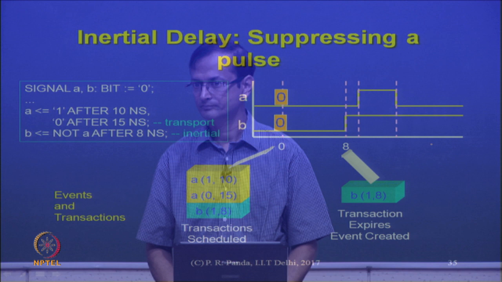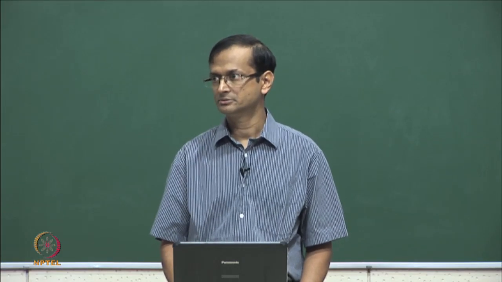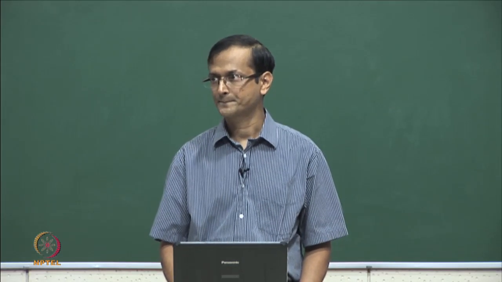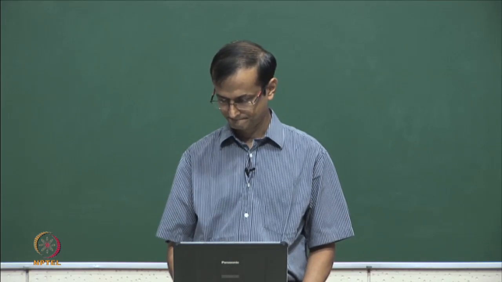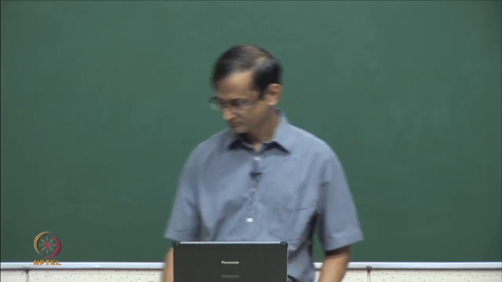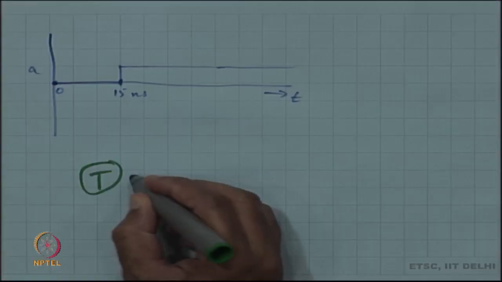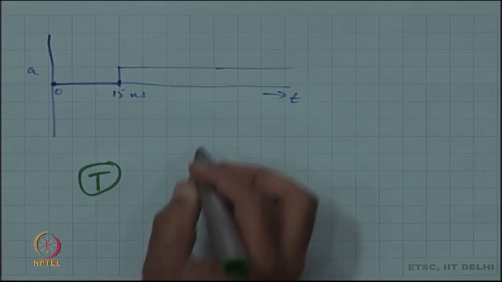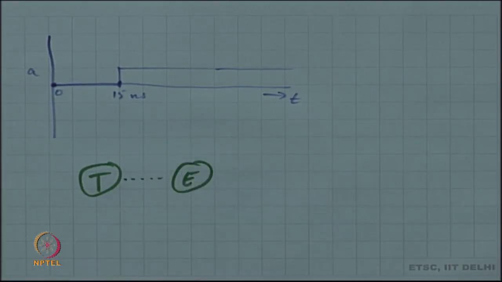When a transaction expires, two different assignments are sensitive to that same signal. Right. So a transaction expires, one signal due to one variable, its value changes. The other variable, its value remains constant. So an event would be created. So, you are saying that a transaction is posted first, later on it leads to an event being created.